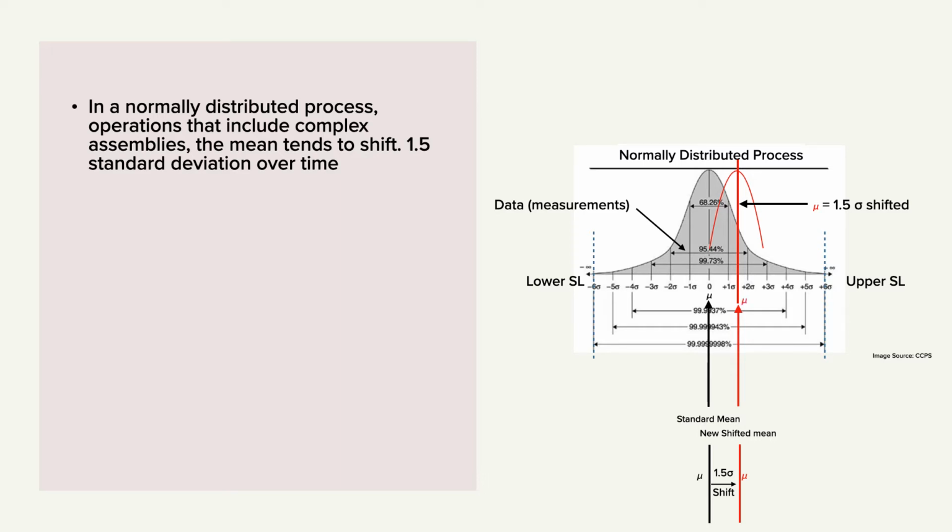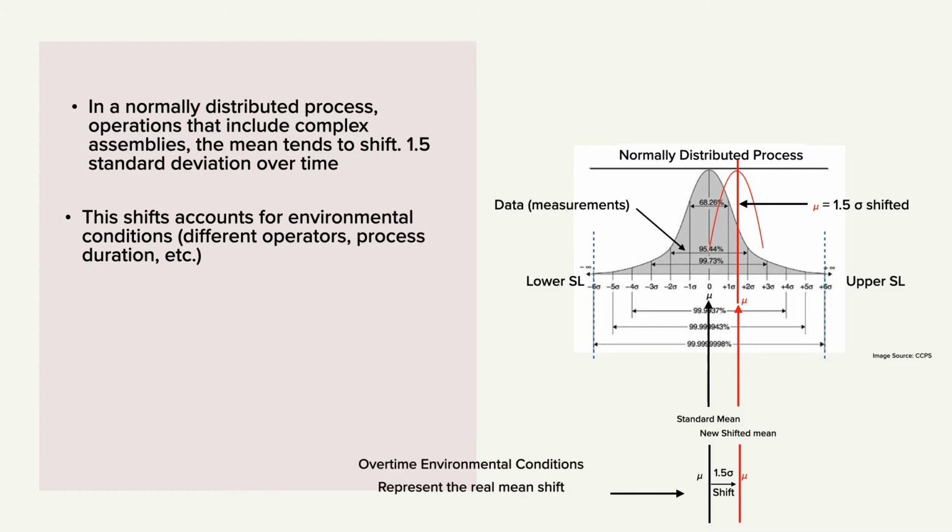The black mu on the graph is for standard mean, and the red mu is for the real mean from data over time. This shift tells us that production processes are not ideal, and we have environmental conditions to be accounted for. These conditions are different operators or different process durations, and so on.